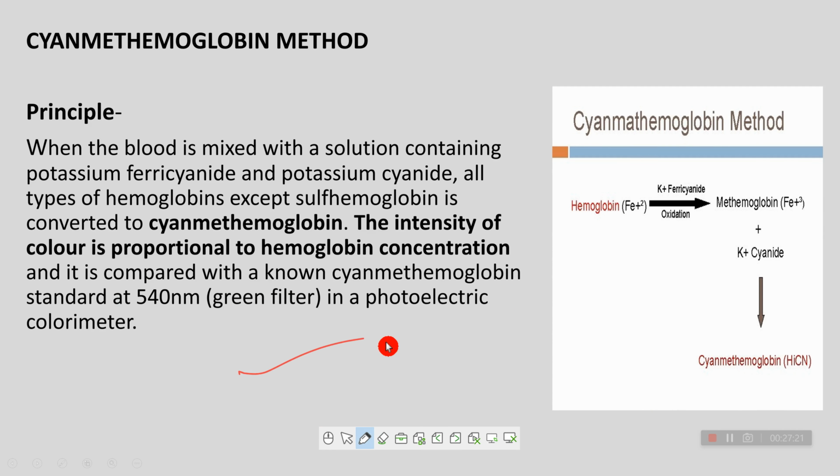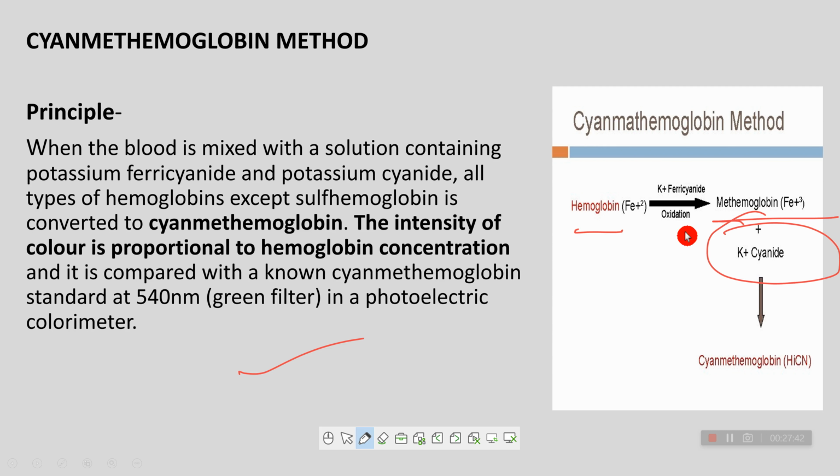Hope the principle of the cyanmethemoglobin method is now clear to you all. When the blood is mixed with Drabkin's reagent, the potassium ferricyanide converts the hemoglobin into methemoglobin.